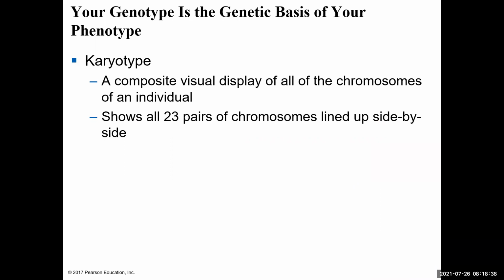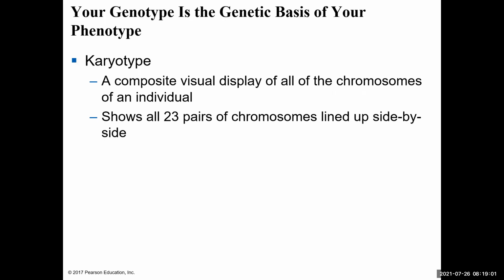And geneticists can go in and perform what's called a karyotype. So they can take a cell that is about to divide, where the DNA has condensed into chromosomes, and they can stop that cell from dividing.